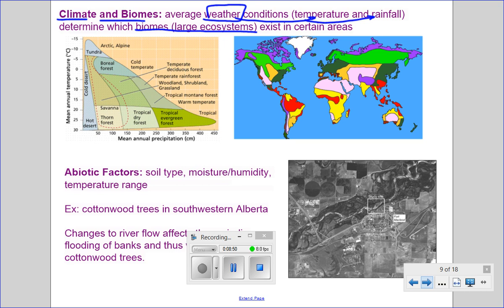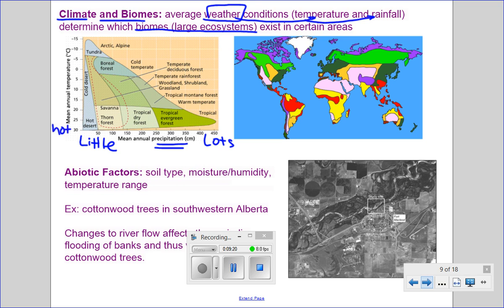So on the left, you have a nice little picture that illustrates different types of biomes that exist. And again, this is not my main objective for you to memorize this. That's not the goal of this unit. What I do want you to recognize is that on this graph, the bottom is precipitation. There's lots, there's little. On this graph, on the y-axis, is temperature.